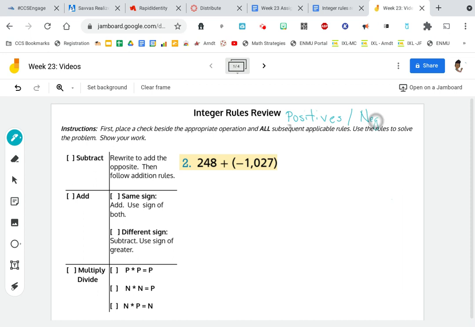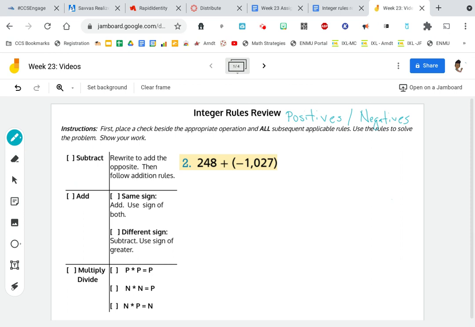We have already talked about the integer rules, but as we are working with our algebraic expressions, I notice I'm getting a lot of computational errors. So we need to take time to review our rules.